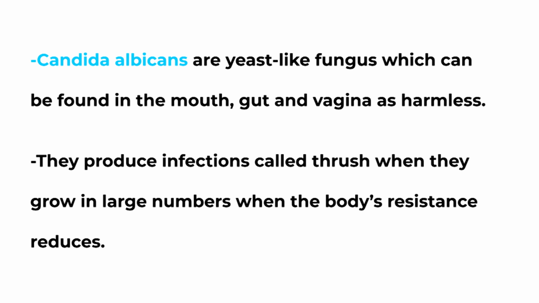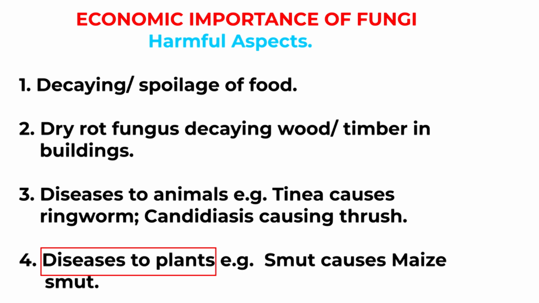These fungi are normally in the mouth, in the gut, in the vagina, but they don't cause trouble. But when the resistance of the body goes low, they can grow in large numbers and cause diseases. Then you can have diseases to plants, smuts on cereals, for instance.